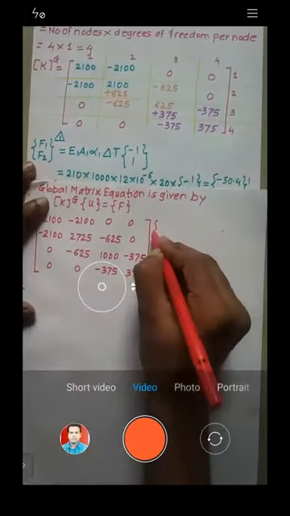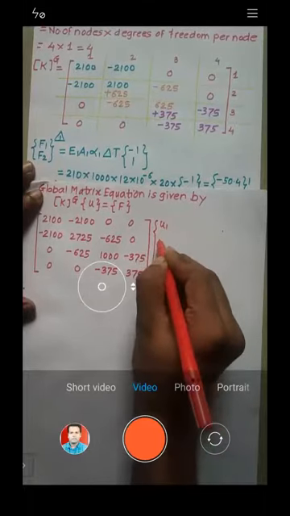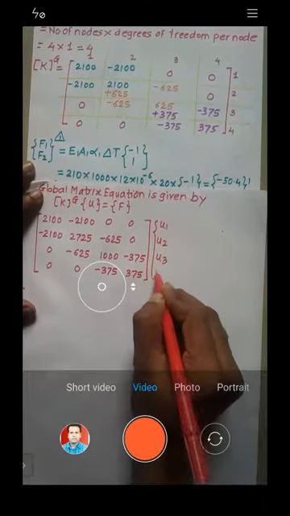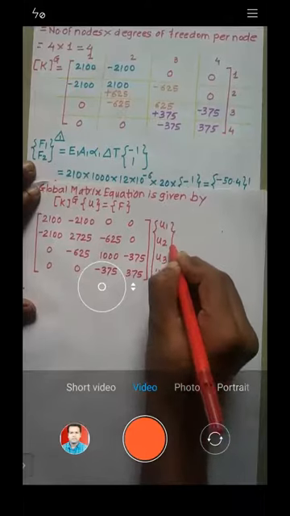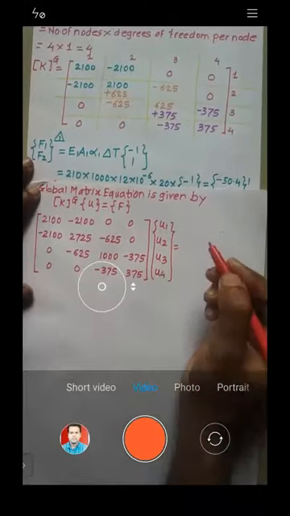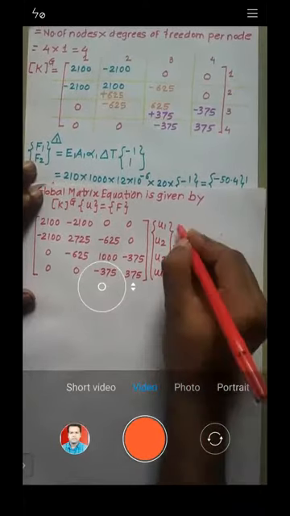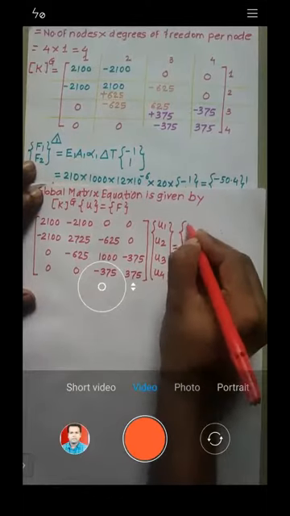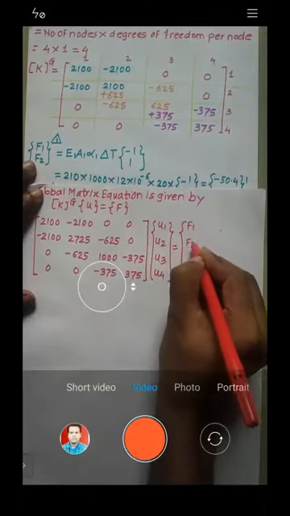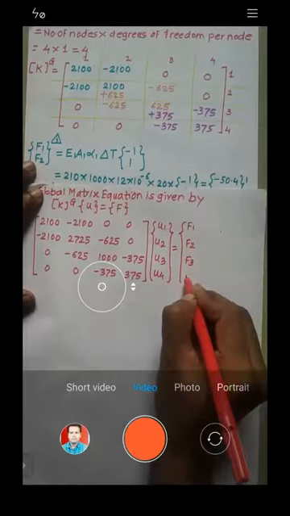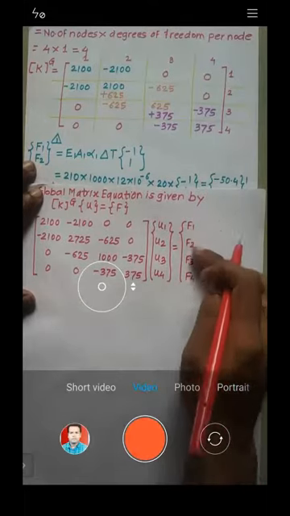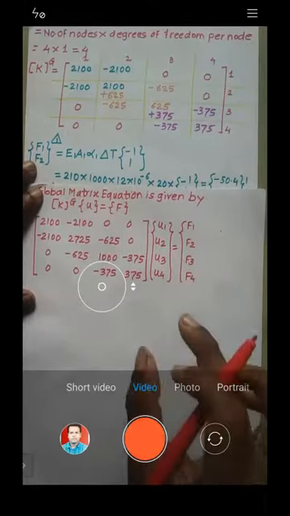This is to be multiplied by displacements, and those displacements are u1, u2, u3, u4, because we have 4 nodes. Each node will have displacement, equal to forces, and the forces are F1, F2, F3, and F4. Listen, these are the point loads.